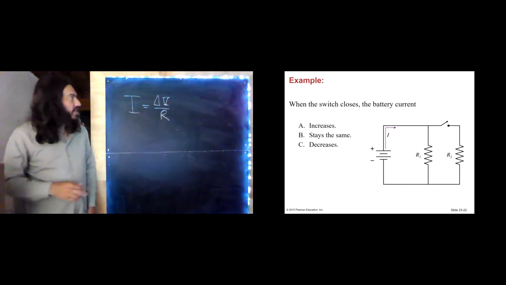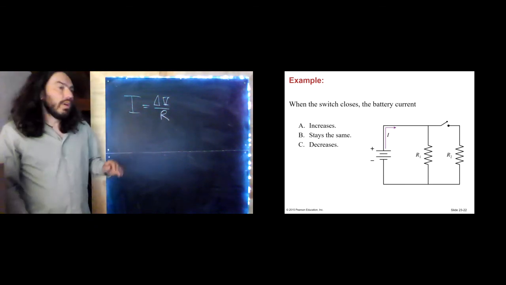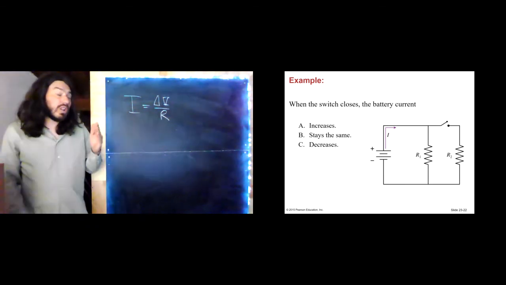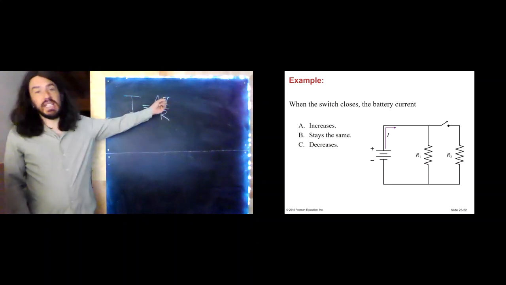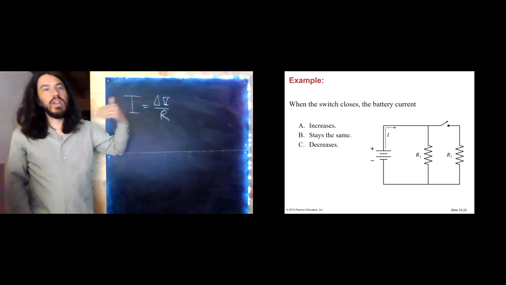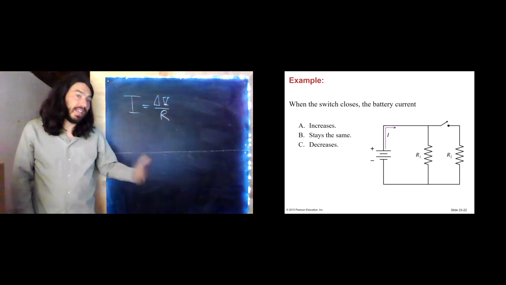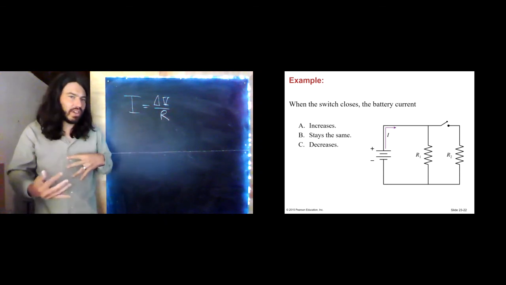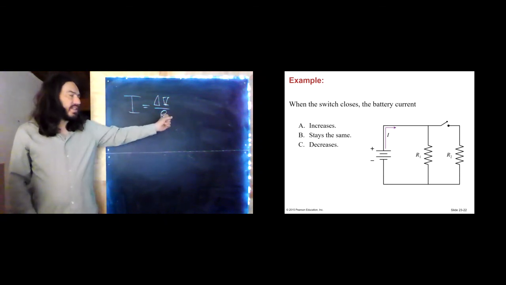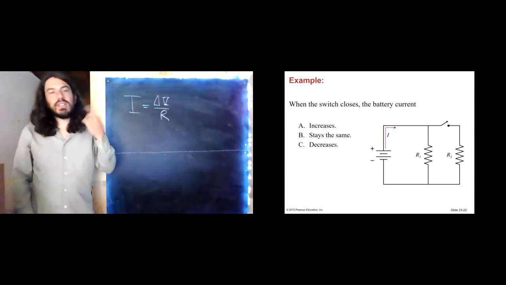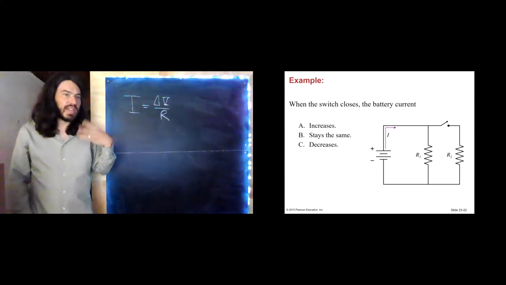Well, I think the way to approach this is from Ohm's law. When I close the switch, delta V stays the same. It doesn't change, right? That's still the voltage put out by the battery, the EMF put out by the battery. It's what's driving the current. What does change is the resistance, right? So does the resistance increase or decrease when I close that switch?